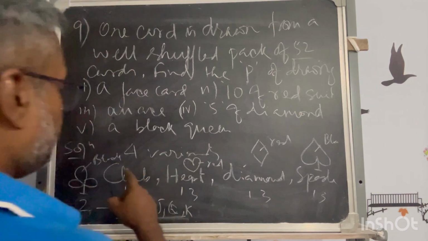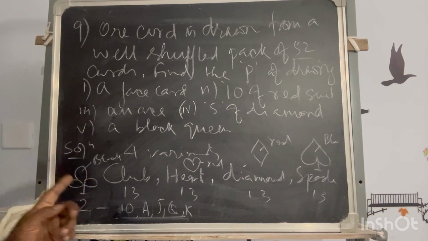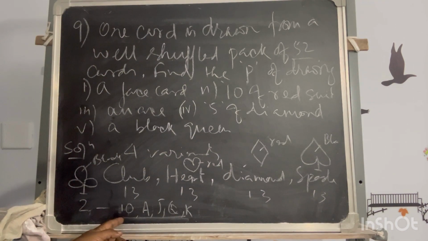So two suits are red, two are black. Denominations are 2 to 10 consecutively, 2 3 4 5 6 7 8 9 10, then ace, jack, queen and king, counted as 9 10 11 12 13. So each suit has the same variety.